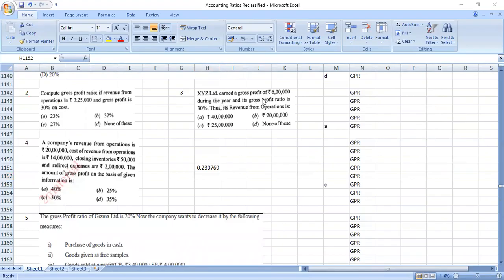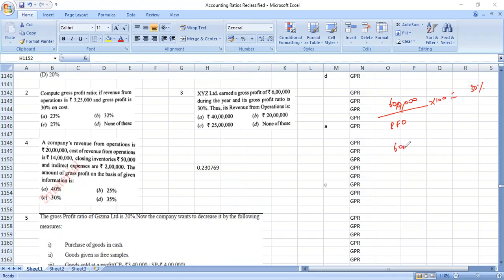The third question. XYZ Limited earned a gross profit of 6 lakh during the year and its gross profit ratio is 30%. Thus its revenue from operation is. Okay, this is a very straightforward question. They've given the gross profit. So gross profit divided by revenue from operation into 100 is equal to 30%.